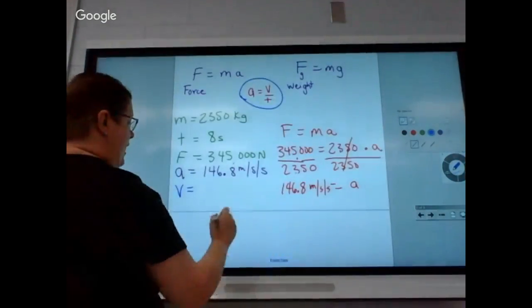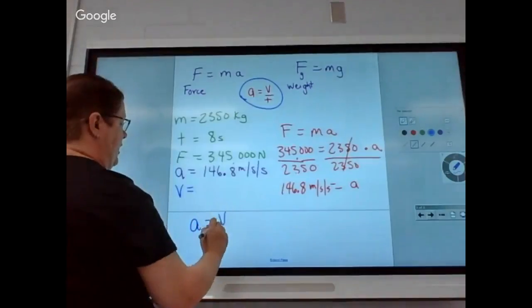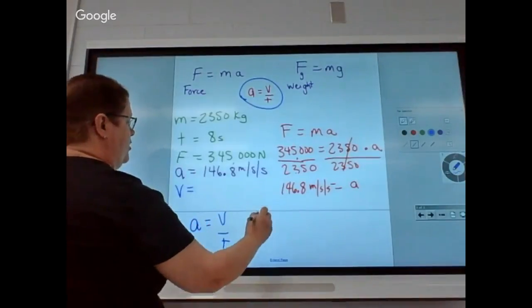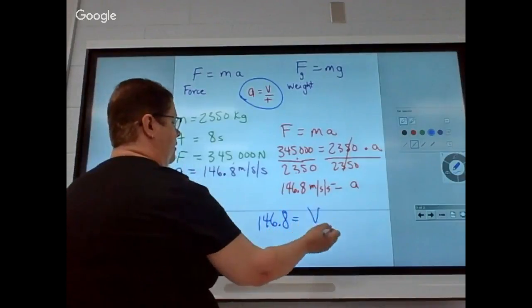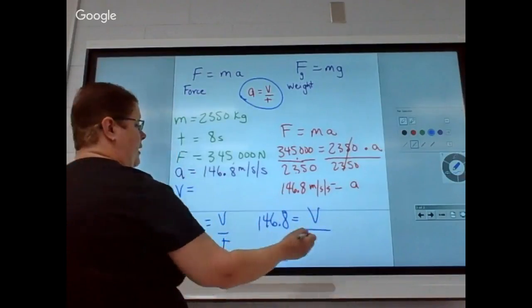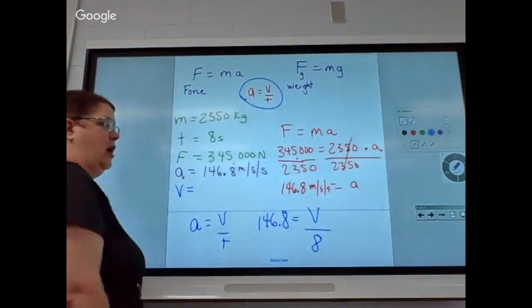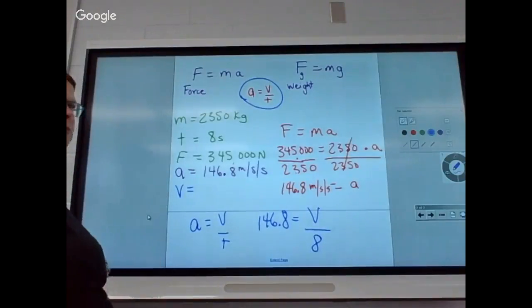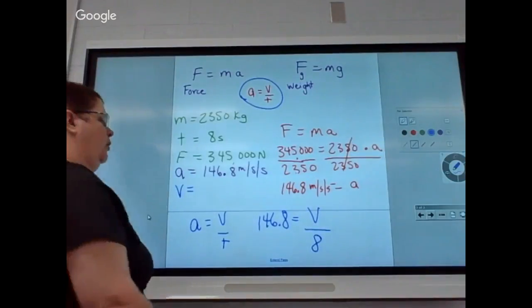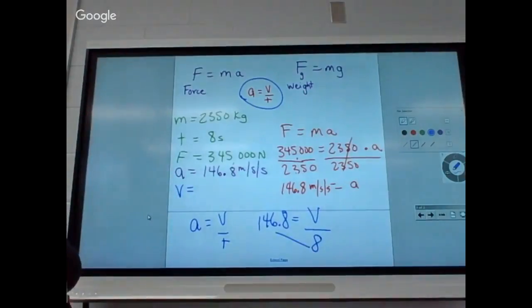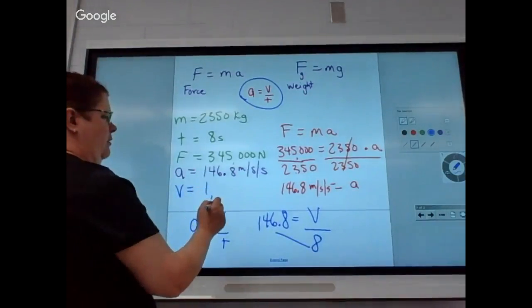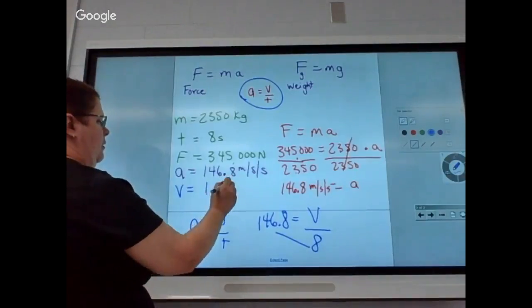So you would say A equals V over T. You know acceleration is 146.8. You don't know V, and you know time is what? 8. So how would you solve? Cross multiply. And what would you get there? 1,174.